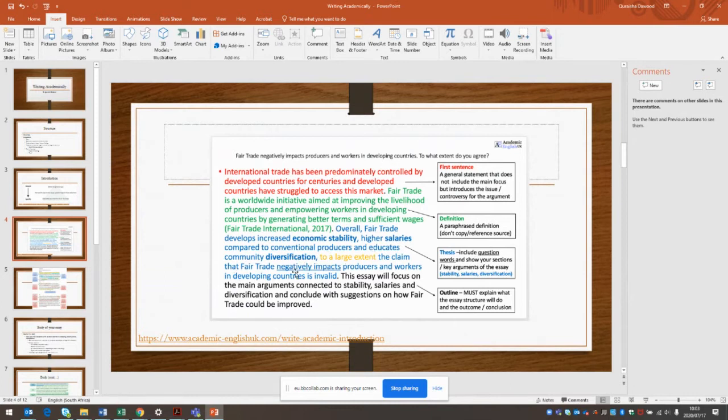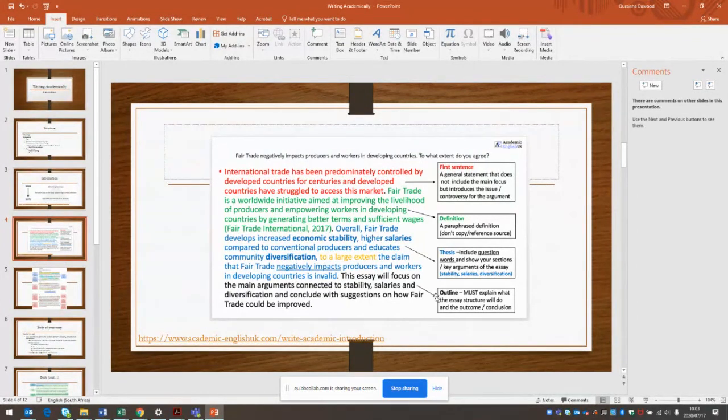The claim that fair trade negatively impacts producers and workers in developing countries is invalid. So now here the author feels like fair trade is mostly positive. Okay, the claim that it's pretty negative is invalid.